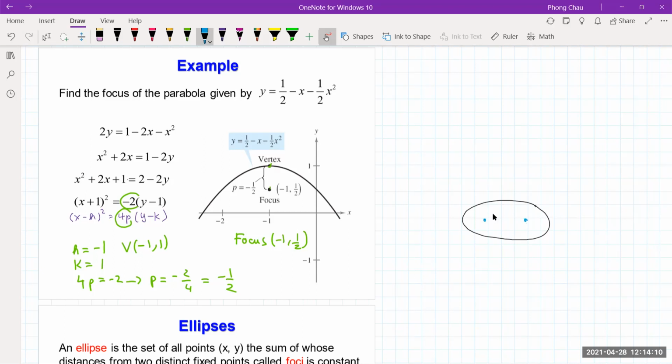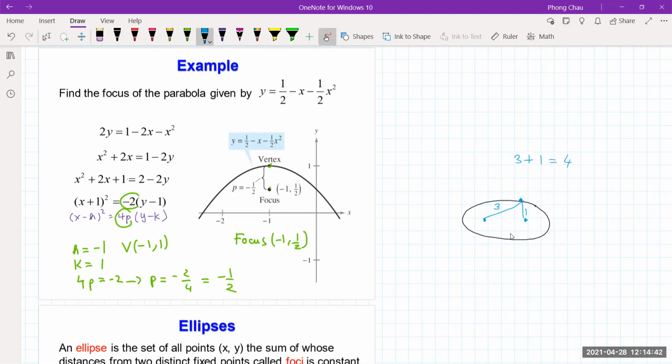Then if you fix a total distance, let's say you pick a point here and you measure the distance from this fixed point and this fixed point. Let's say you have distance 3 and distance 1. So the total distance from these two fixed points is 4, right?